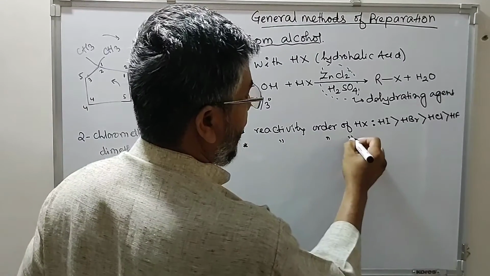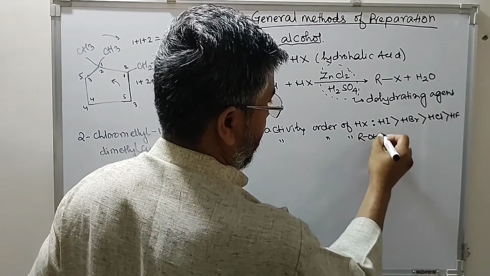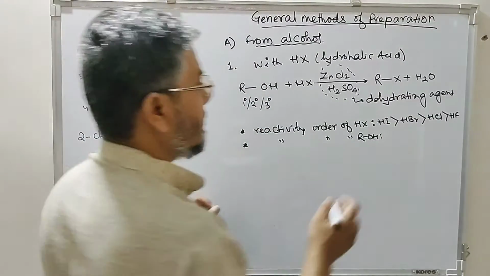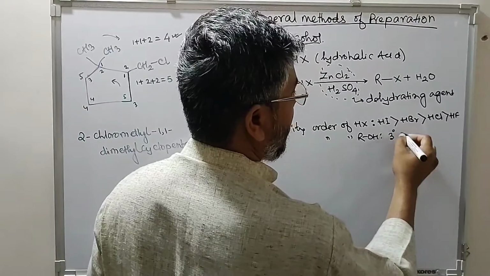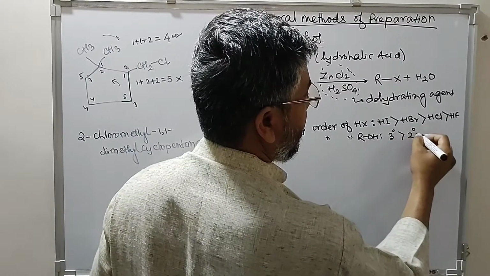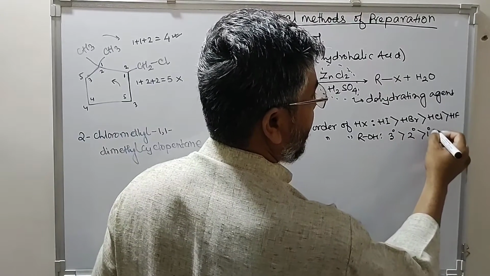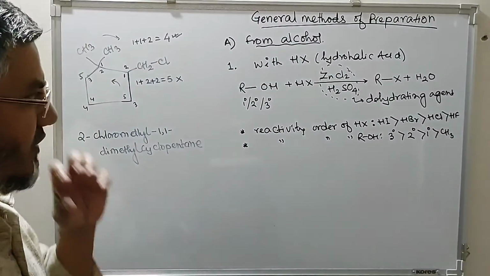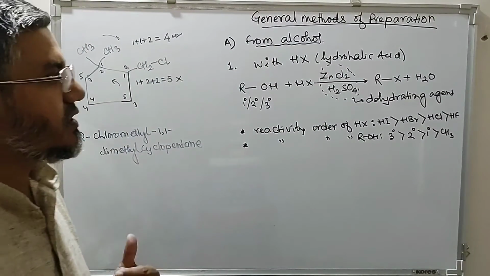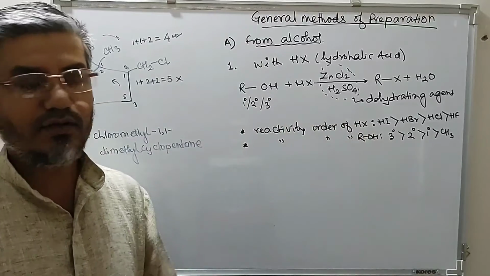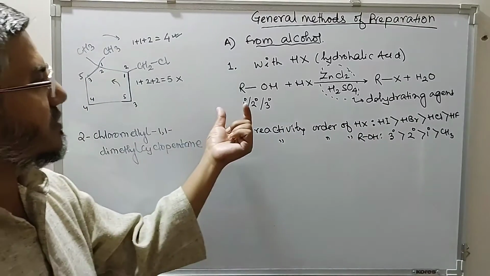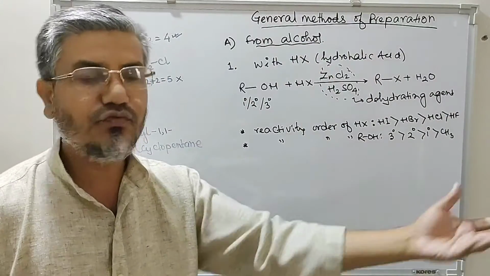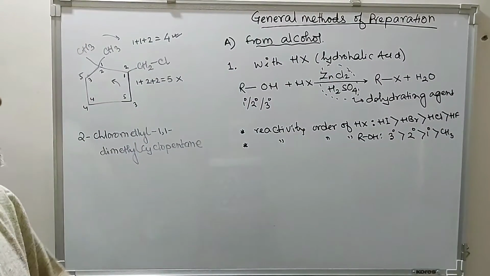Reactivity order of alcohol. For this reaction, the tertiary alcohol is the most reactive, followed by secondary, followed by primary, followed by methyl alcohols. So the fastest reaction, or maximum yield of alkyl halide, will be formed if we react tertiary alcohol with HI.